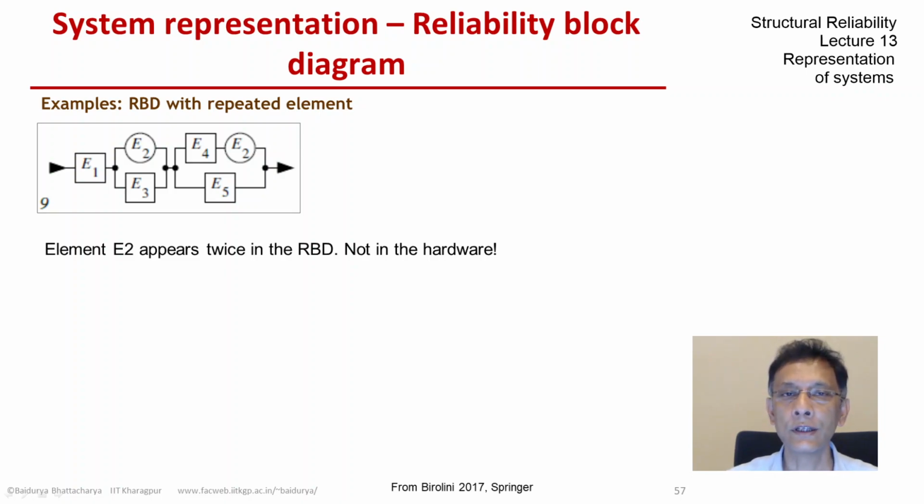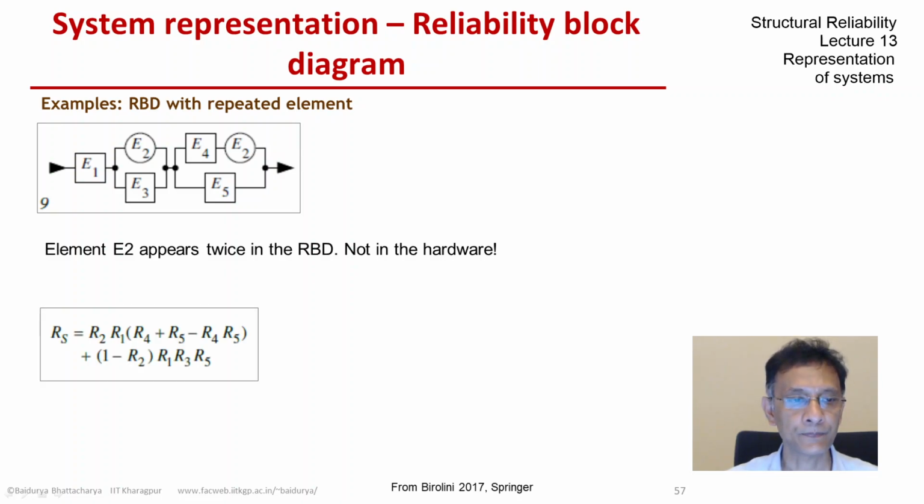So this would give you two simpler configurations, again involving the elements that are mutually independent, 1, 3, 4, and 5. So it would be straightforward to solve those two simpler systems. And this would be the answer.